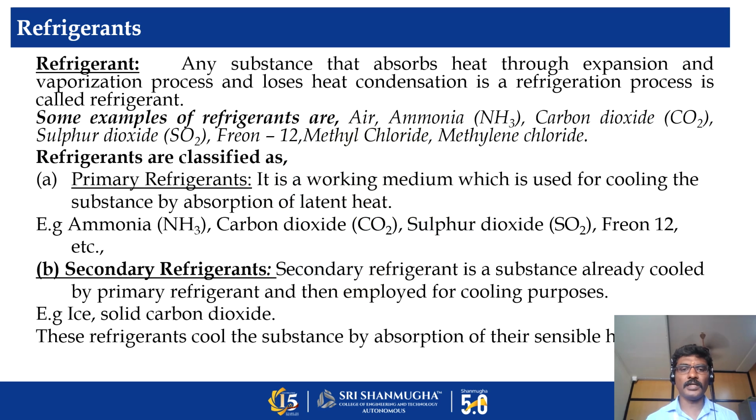Primary refrigerant is a working medium which is used for cooling the substance by absorption of latent heat. The refrigerants are ammonia, carbon dioxide, sulfur dioxide, freon, etc. Secondary refrigerant is the substance already cooled by primary refrigerant and then employed for cooling purposes. Ice, solid carbon dioxide. This refrigerant cools the substance by absorption of its sensible heat.